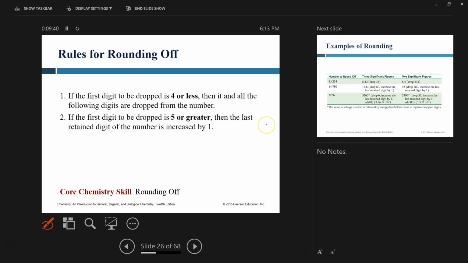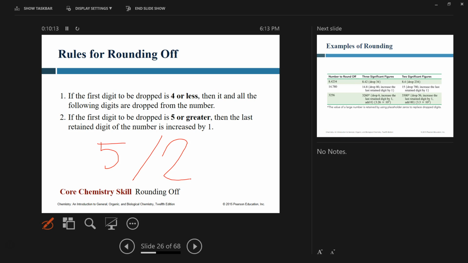So first, let's talk about rounding the significant figures. Why? If you divide 5 by 2, what's the answer? 2.5. If you count significant figures, then the answer is 3.